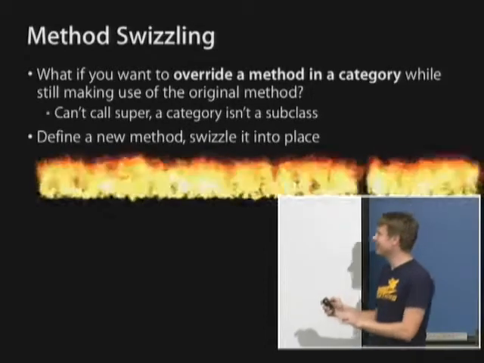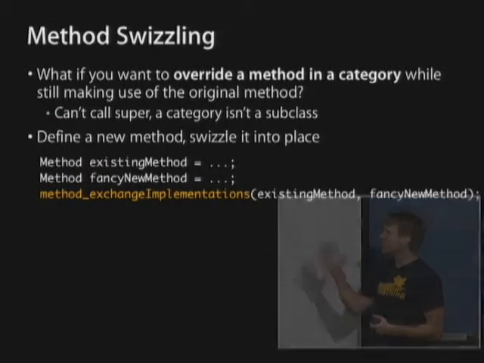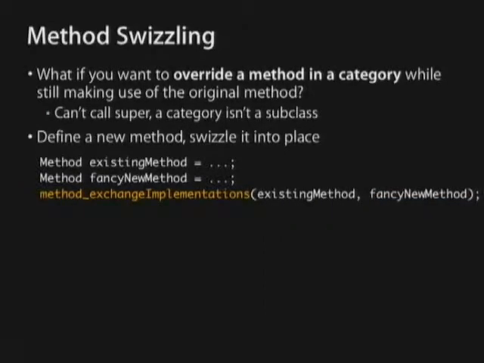Here I'm really trying to drive this home. Say you've got some existing method, and you get the actual method structure from those Objective-C runtime functions. And we've got this fancy new method. Anytime somebody calls the existing method, we want it to go through fancy new method, call up to existing method as well to get some existing behavior, and then return.